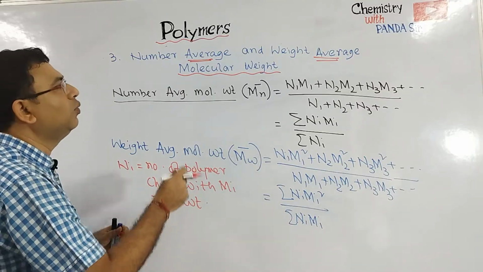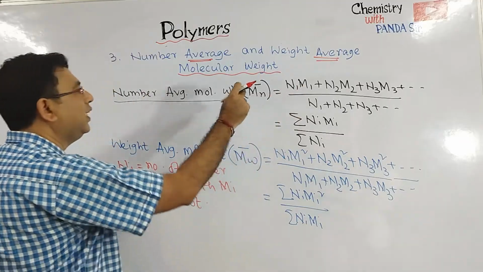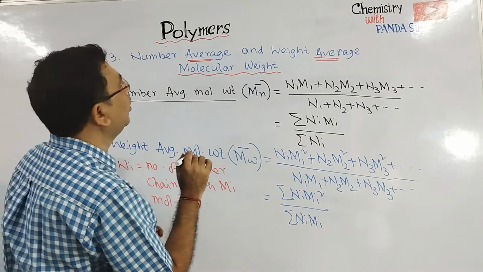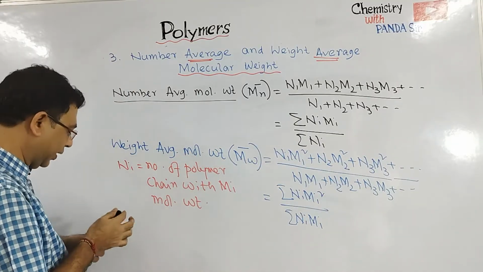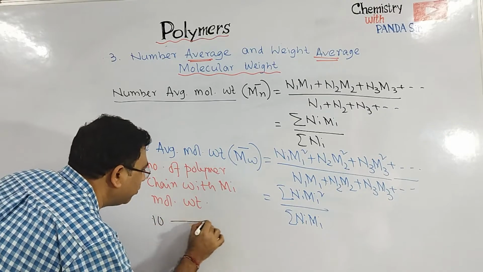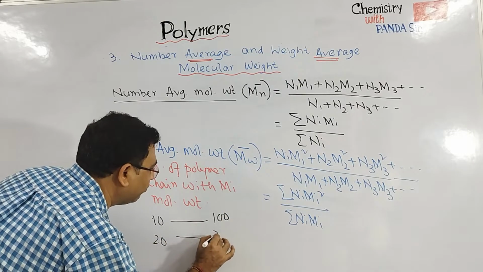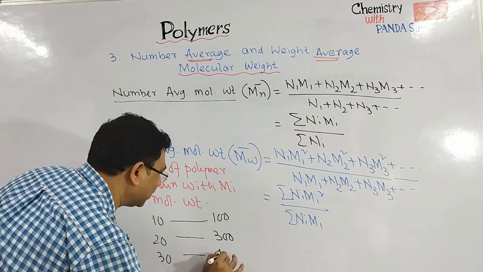Okay, very quickly, when I give you an example, you will understand N1 and M1. Suppose 10 molecules have molecular mass 100, 20 molecules have molecular mass, let's say, 300, and 30 molecules have molecular mass, let's say, 400.